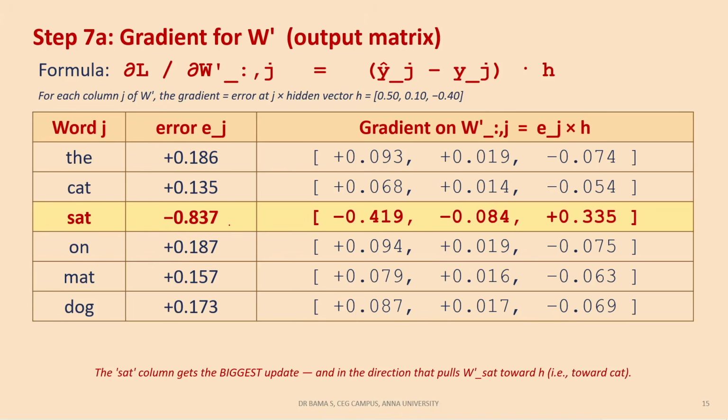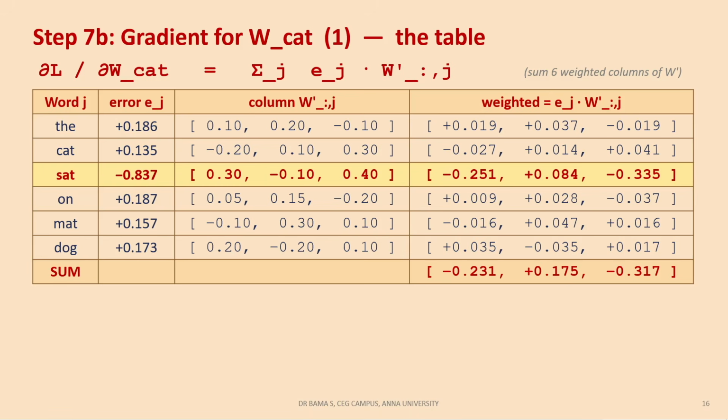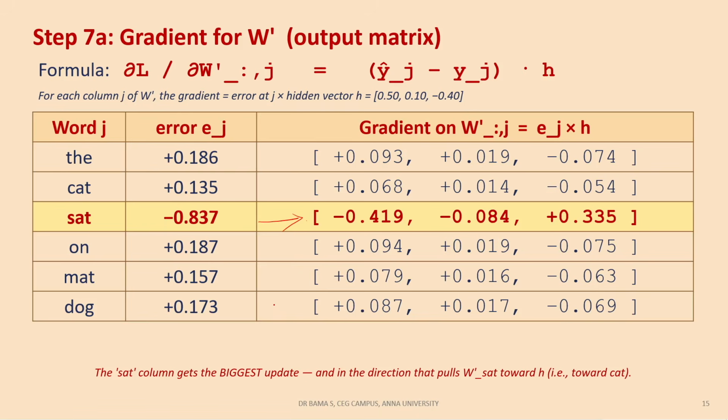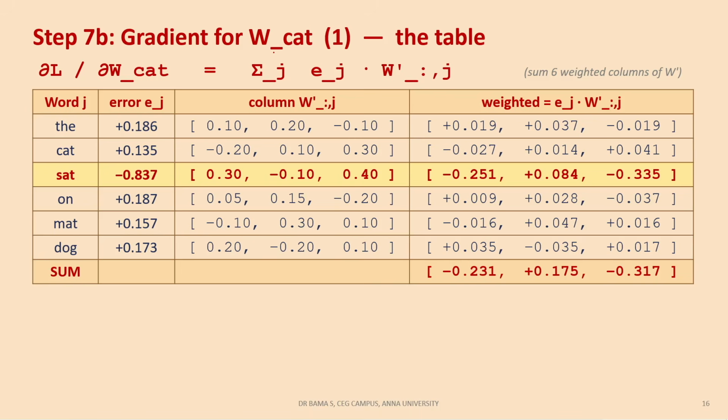Error multiplied by H, we get these values 0.419, 0.084 and 0.335. So this is the value that we get after this gradient computation. Now given that, what will happen to the previous weight value? This was for W dash, and now this is for W.